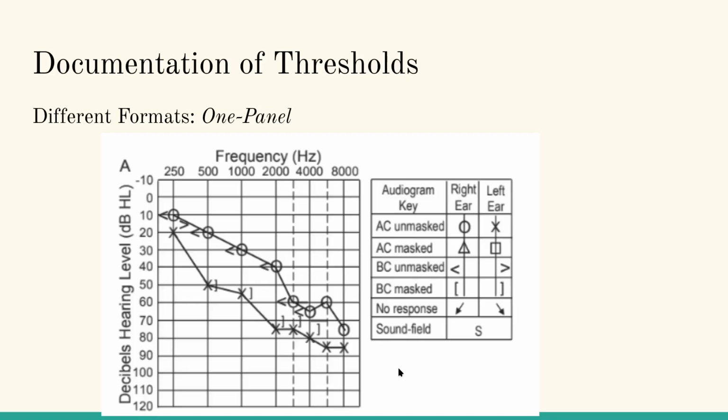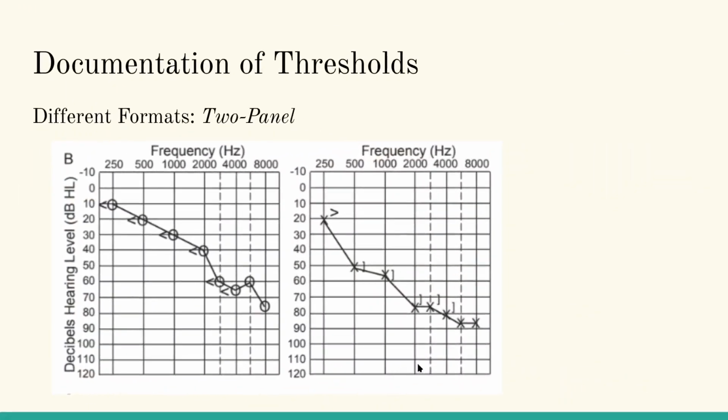We also have the option of a two-panel format, where the thresholds are broken out into left and right audiograms. The right audiogram is on the left side and the left audiogram is on the right side. That is one convention you can use with computer software.